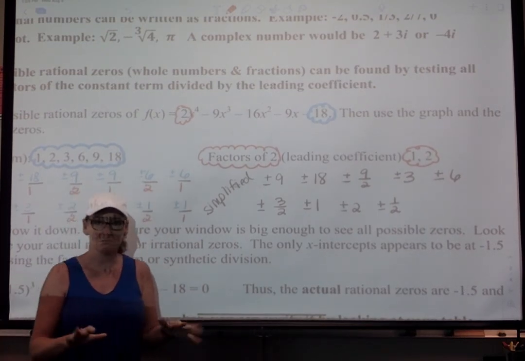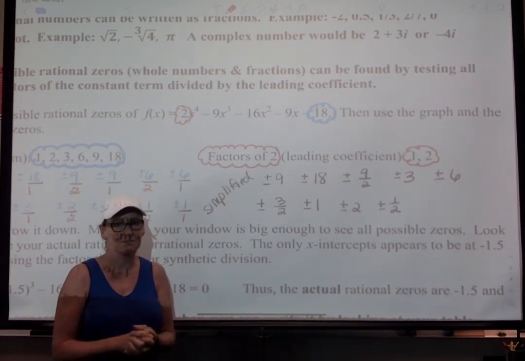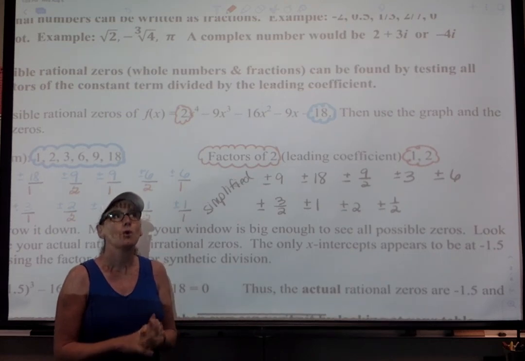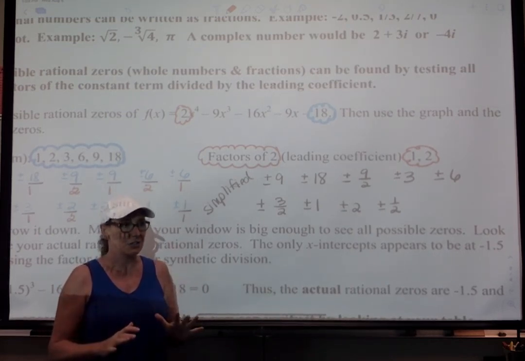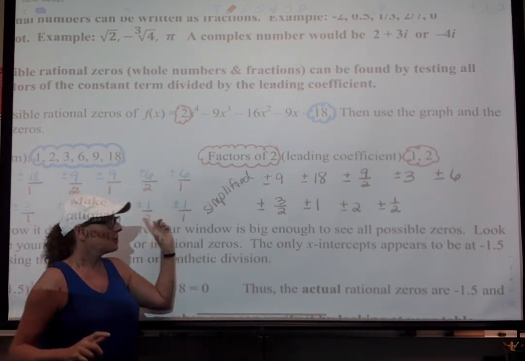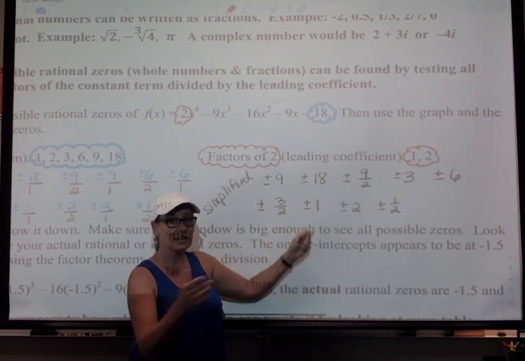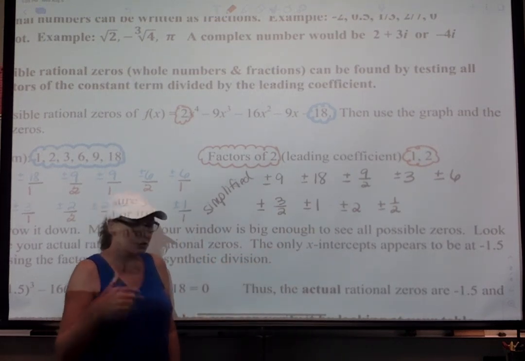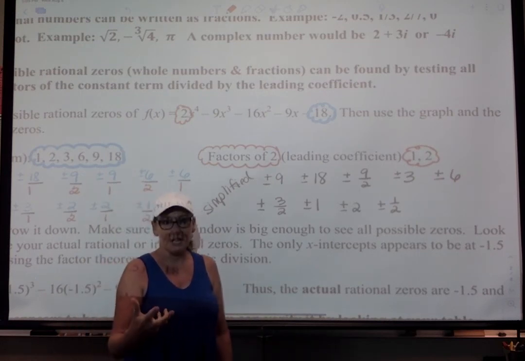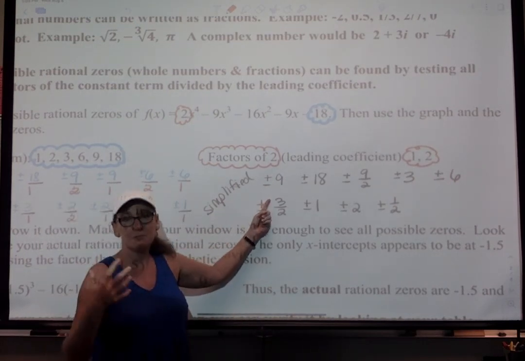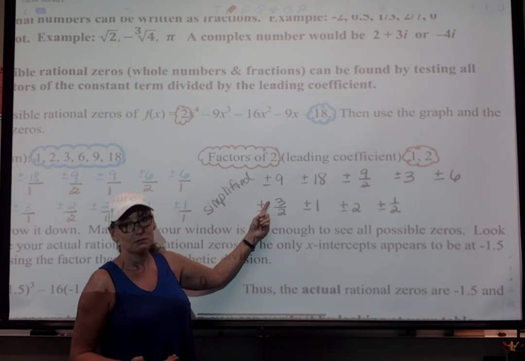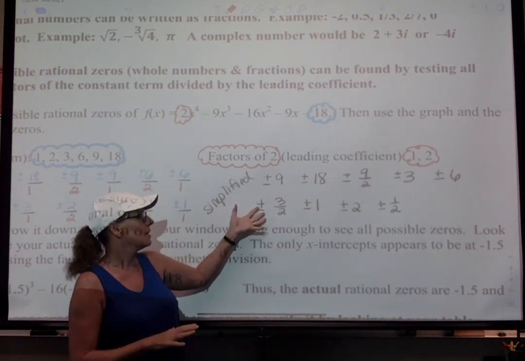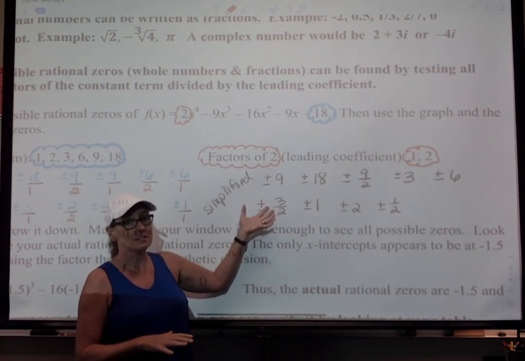Now, don't worry. We're not going to ask you to do this. We're not going to ask you to find all of the possibilities, now start trying them. There will be a question on your test where it says, find the possibilities. There won't be this many, but this is a lot.